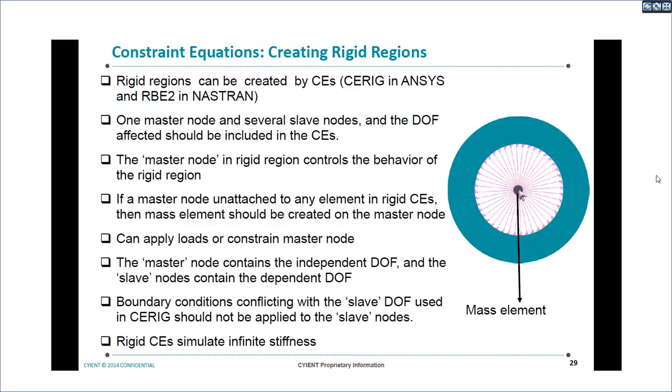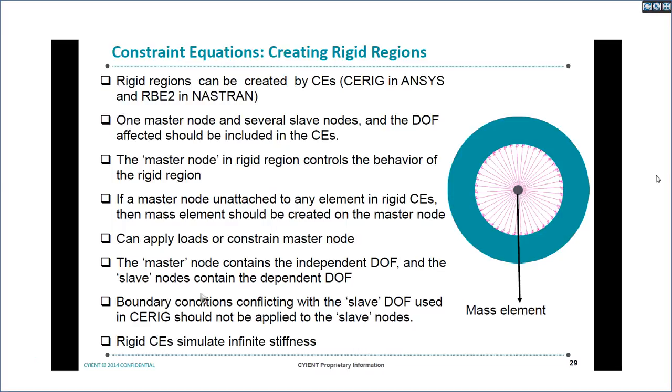Generally, if this master node is not attached to any of the elements, we need to create a mass element here, and we need to give a negligible mass to that, so that it will have some element functions associated to that node. CERIGs are used to apply boundary conditions or loads to the model.